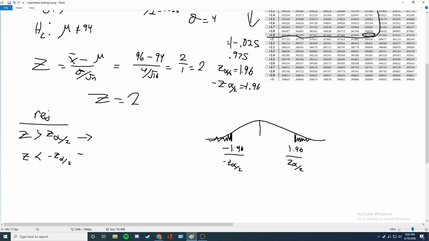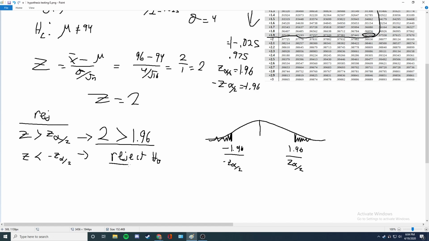So if we plug in our z, we've got 2 is greater than 1.96, which is true. So because this is true, we can reject the null hypothesis.